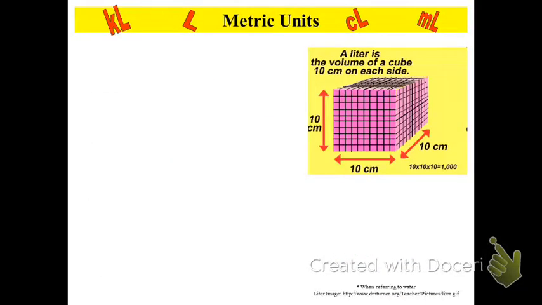As we go to number 3, as we look at volume, volume is the amount of space an object takes up. So there's number 3 in your notes. You can't confuse it with mass. Mass is the amount of matter, while volume is the amount of space.